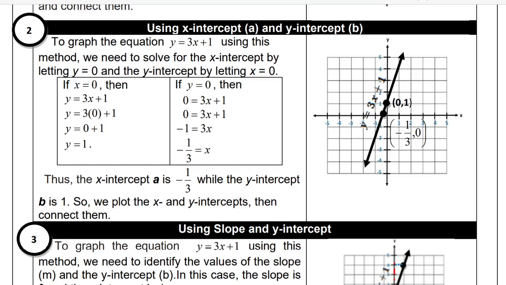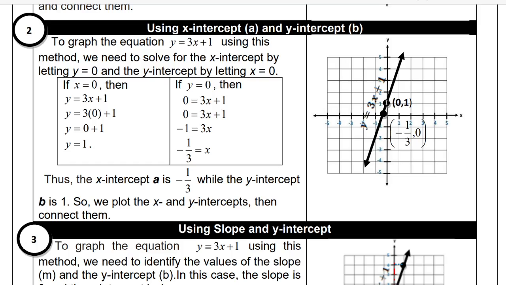This is your x-intercept by letting y to be 0. And this is your y-intercept. Okay. To solve for y-intercept, again, you have to let x be equal to 0. So, replace mo lang ang x by 0. And 3 times 0 is 0 plus 1 is equals to 1. So, therefore, your y-intercept is 1.